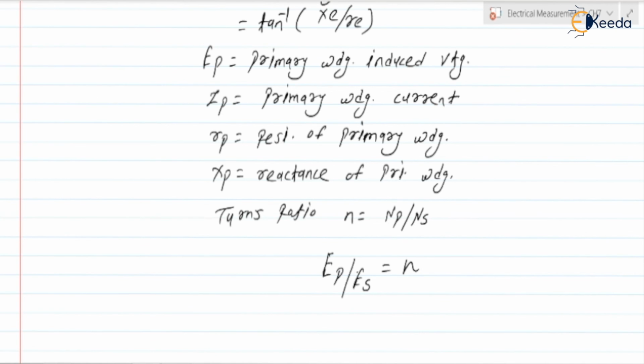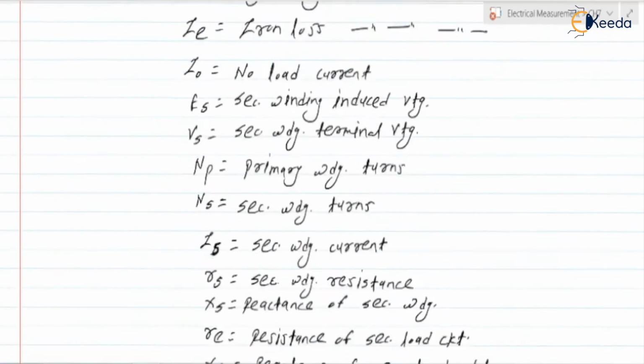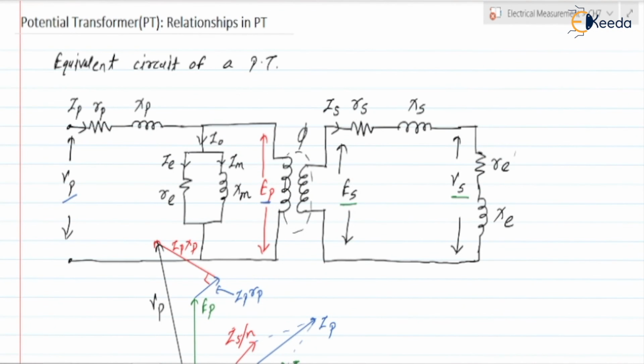Which is opposite in the case of current transformer, right? So this is about the relationships in a potential transformer. Okay, thank you.